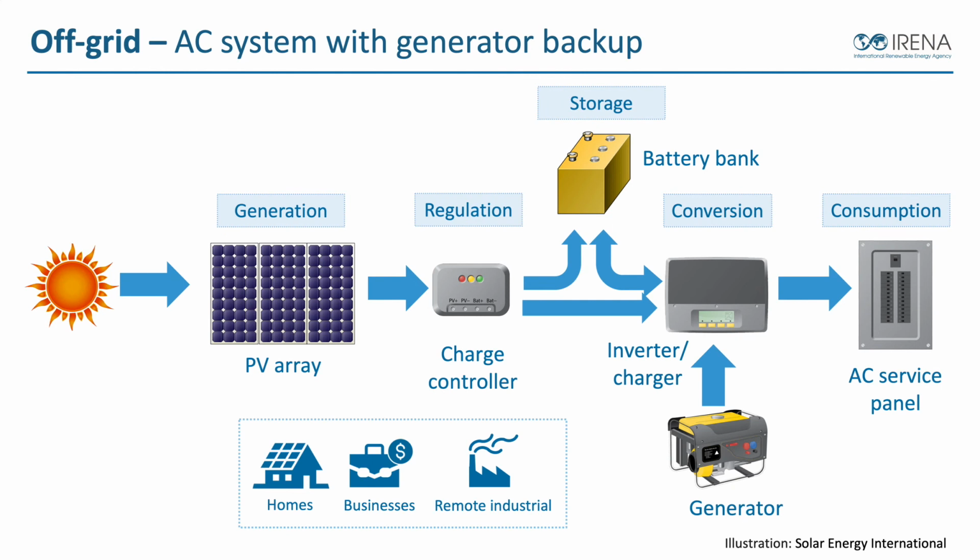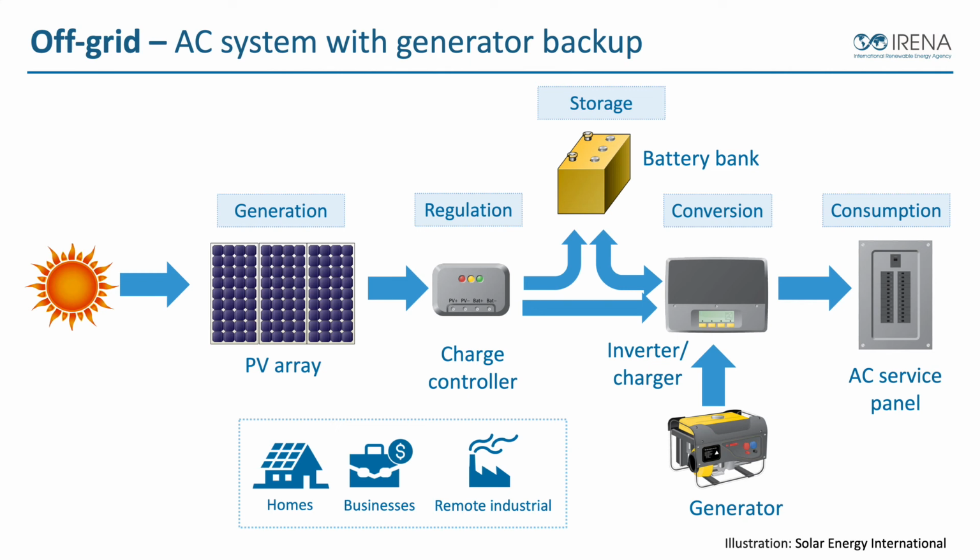Now, if we want to add a backup source into a system like this, we need to have a slightly different inverter. So now this inverter is what we're calling an inverter charger. The inverter charger means we have the ability to not only do a DC to AC conversion, but we can go AC to DC from something like a generator, a motor generator, and we can use that to charge our battery bank.